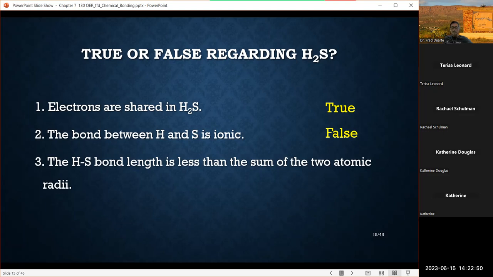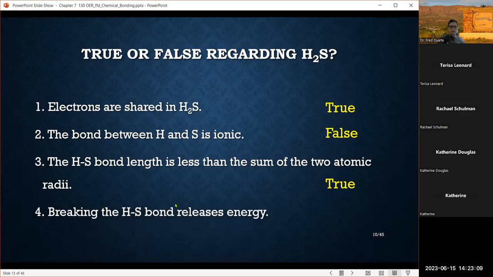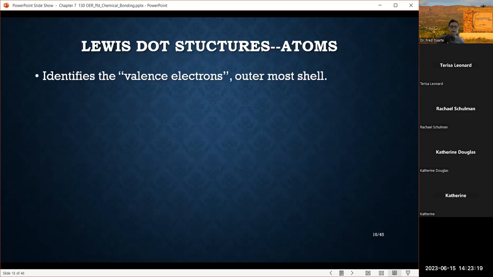True. That is true, because there's that overlap that occurs in this covalent bond. And then breaking the H-S bond releases energy, that would be false. Breaking the bond requires energy; forming the bond would be true.